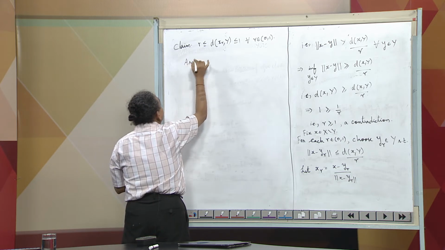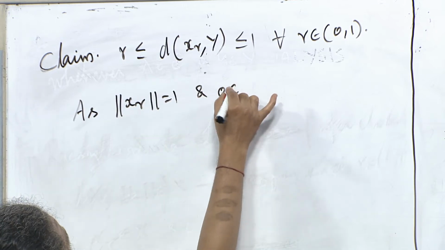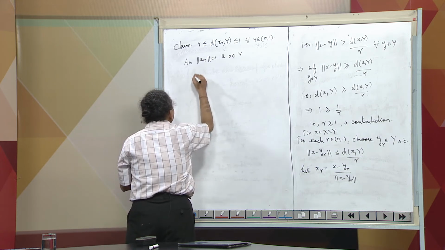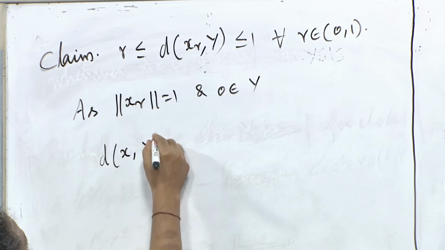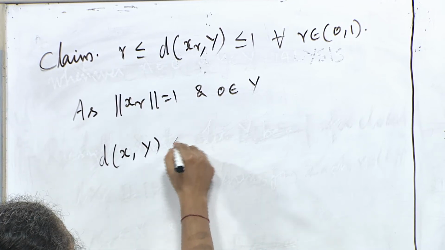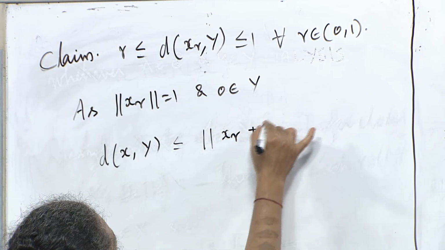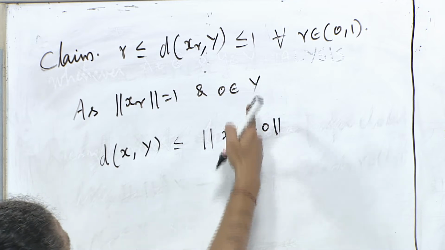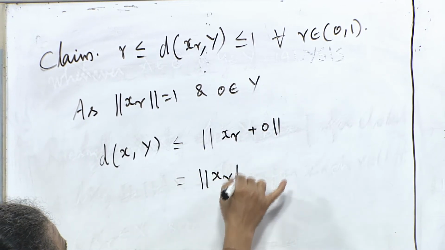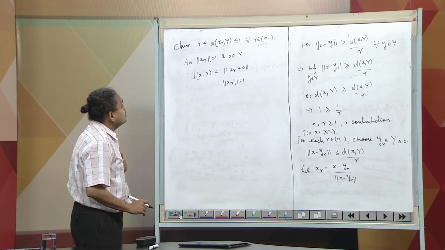You observe that the norm of x_r is 1 and also 0 belongs to Y. Therefore, the distance between x_r and Y, which by definition is given in terms of infimum, is less than or equal to the norm of x_r plus 0, because 0 is an element of Y. But x_r plus 0 is just x_r, and its norm is equal to 1. So, this gives us one way inequality.